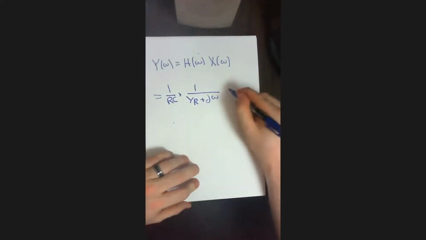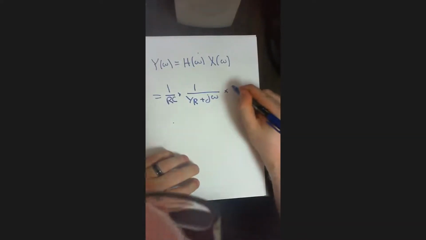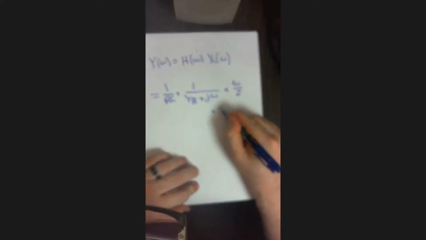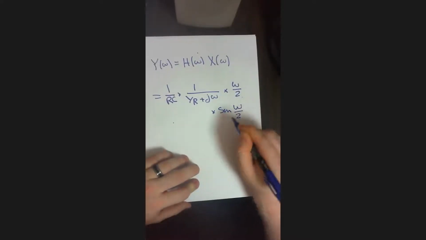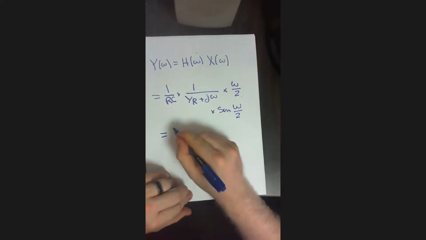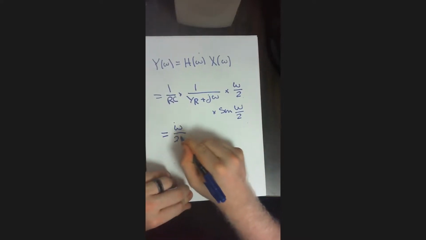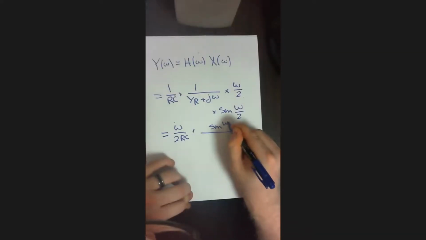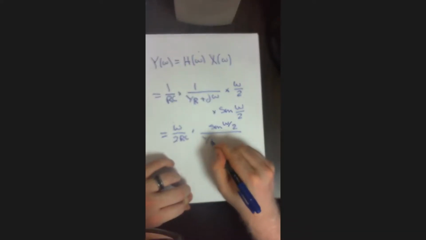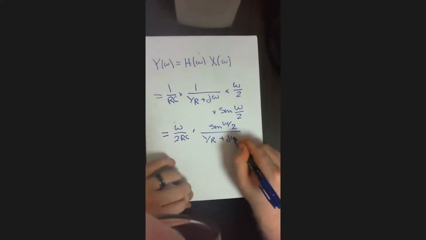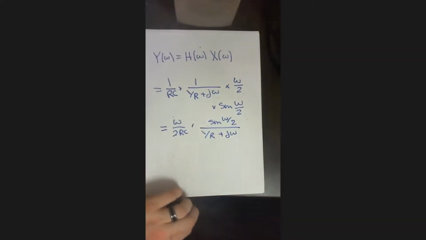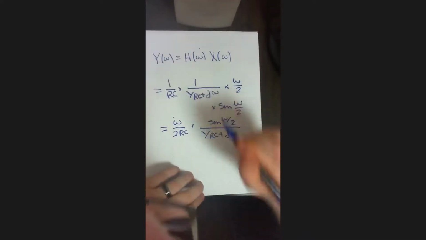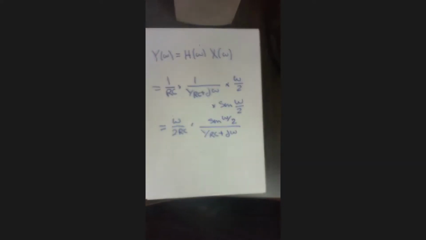This is the H of omega times X of omega, which is simply 2 over omega times sine omega over 2. So we can write it in a better mathematical manner as 1 over RC times 2 over omega sine omega over 2, over 1 over RC plus j omega. This is a very simple manner.